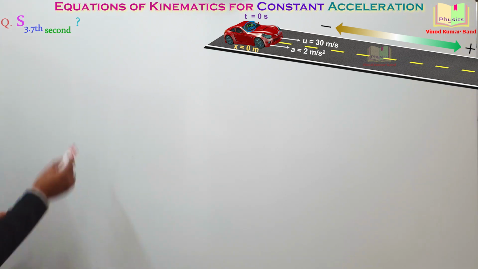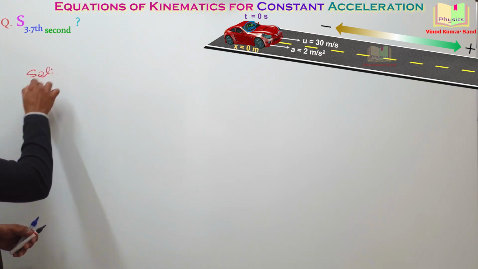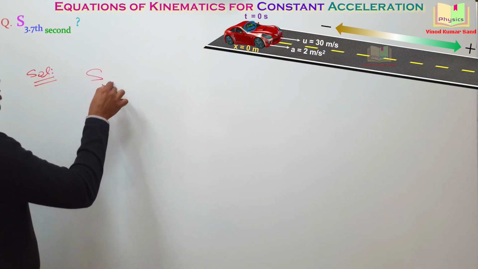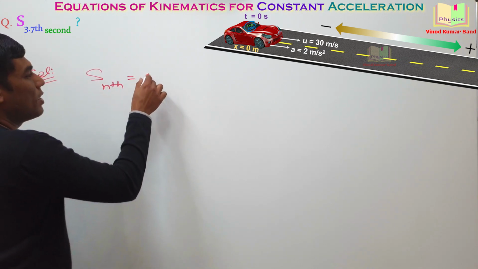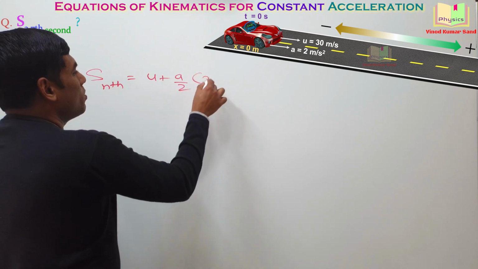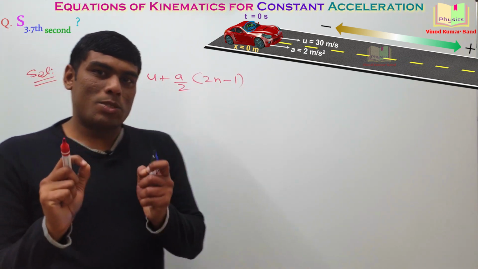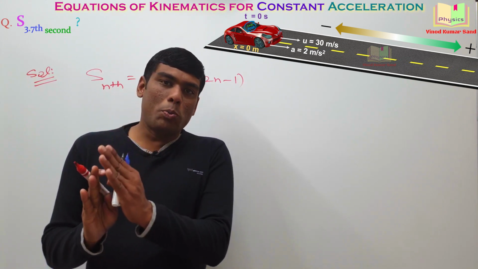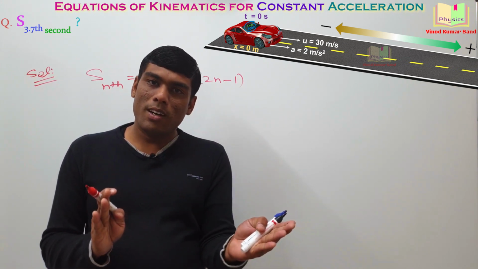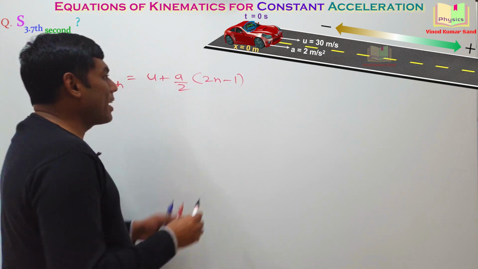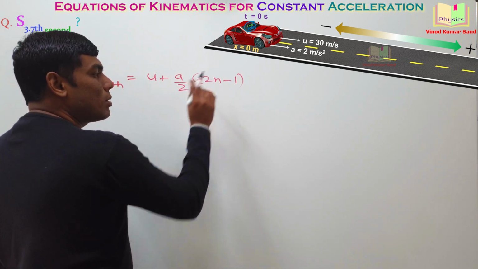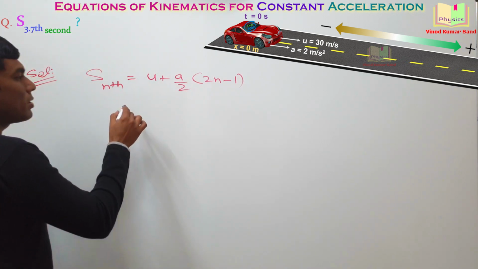Okay, the solution I am writing here will be using this formula S nth is equal to u plus a by 2 into (2n minus 1). We need the displacement in the time interval 2.7 second to 3.7 second. It means here I can put n is equal to 3.7. Think about it.